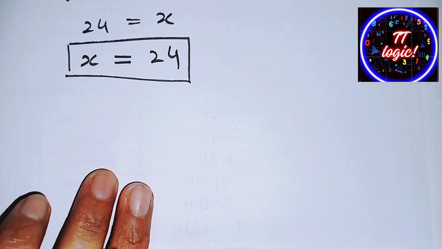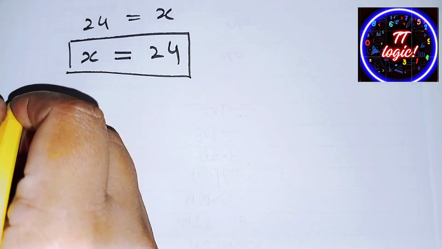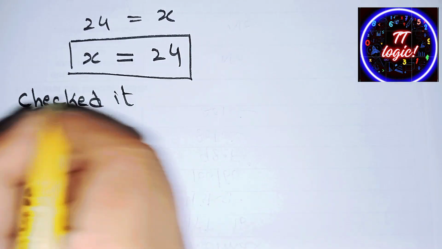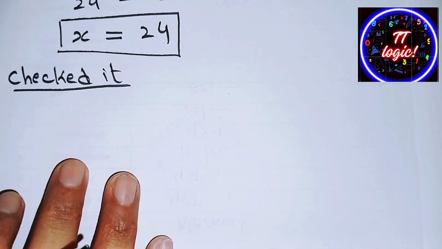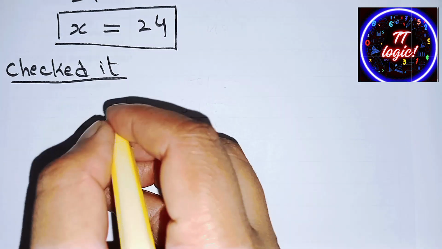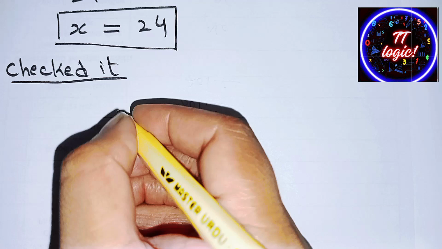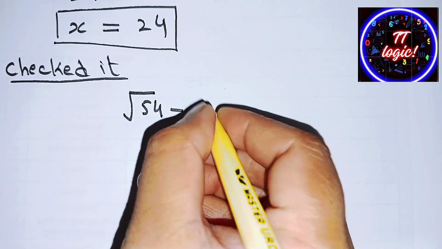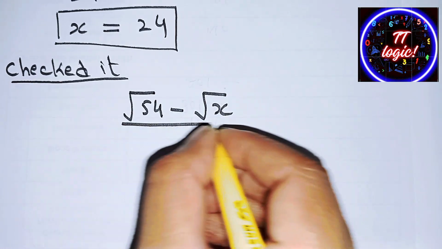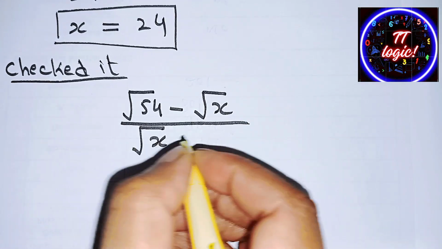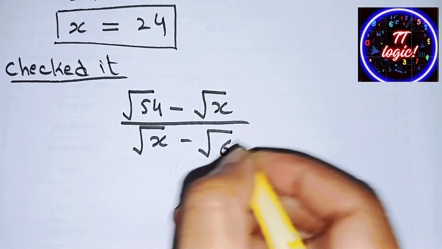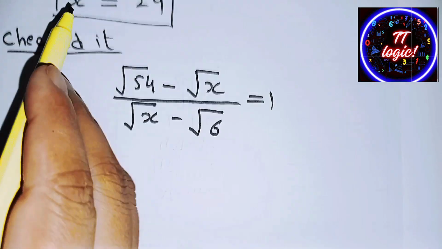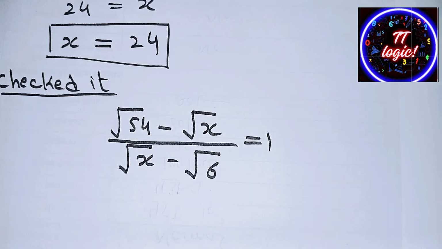So now we check it. We write the question: (√54 − √x) / (√x − √6) = 1. Now we put in the value of x, which is 24.